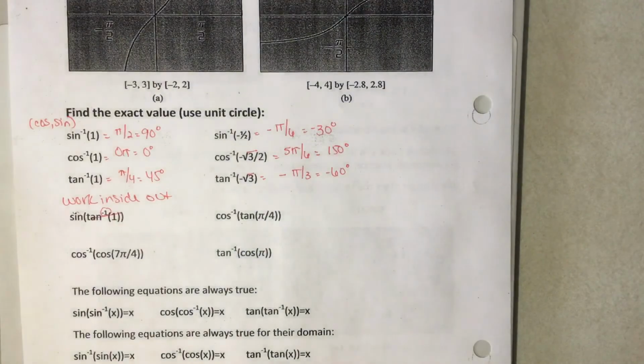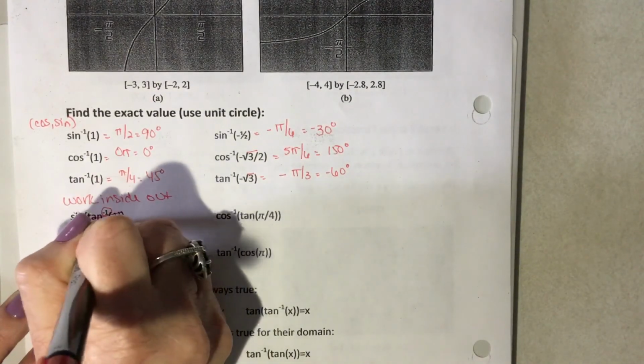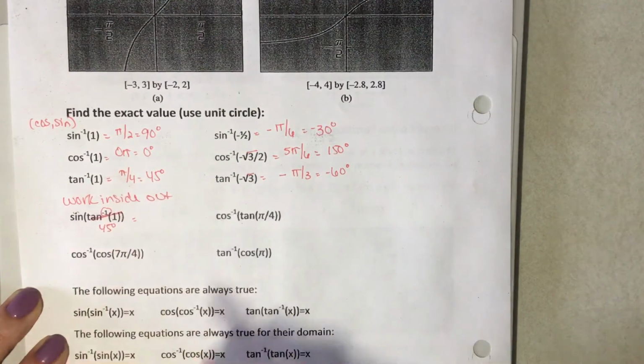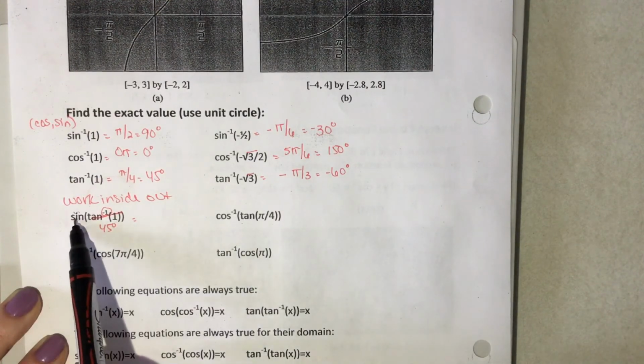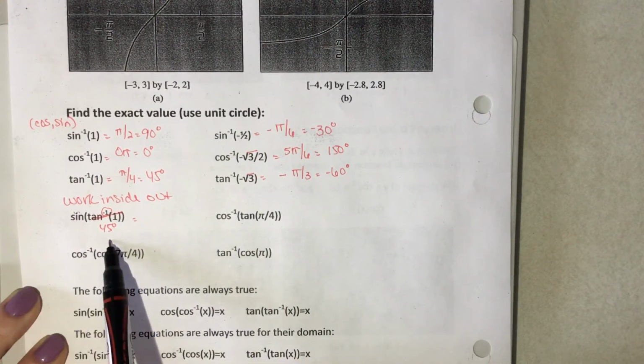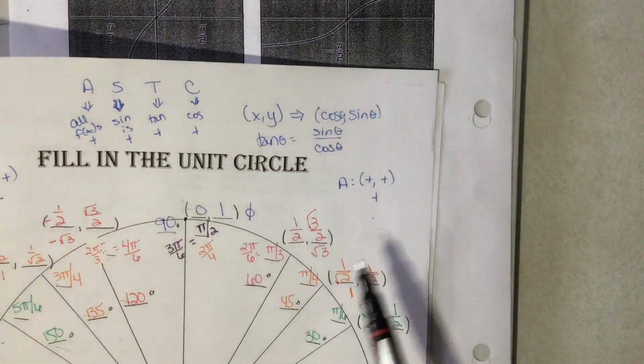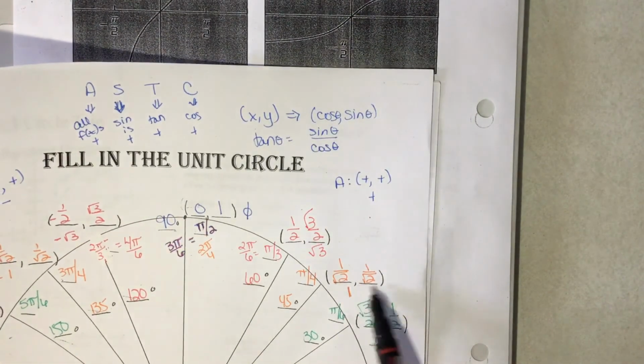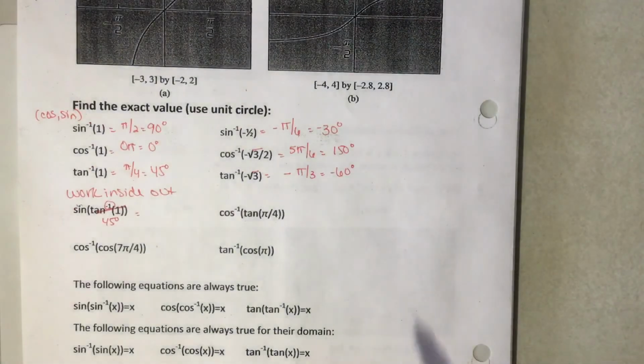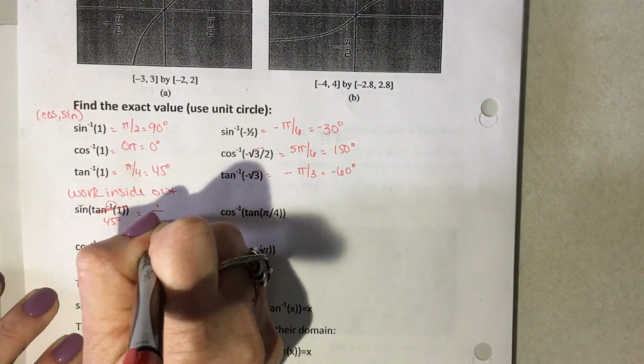So tangent 1, I'm going to just cross that off. That's 45 degrees. Now I have a new problem: what is sine of 45 degrees? I go to 45 degrees, and the sine value is 1 over square root of 2.